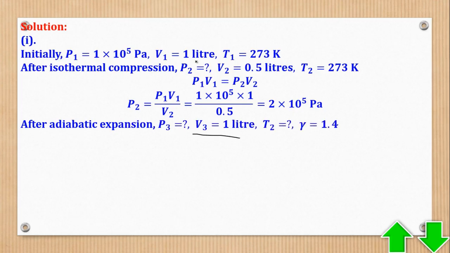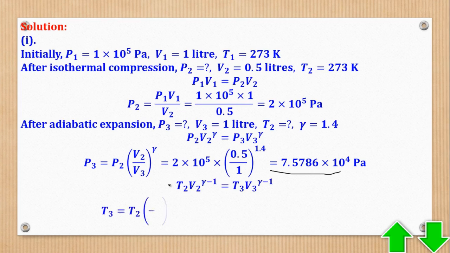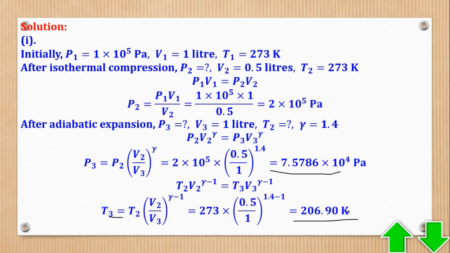V is known because it went back to 1 liter. T is not known, the gamma is known. So if I use P and V, I'll come up with the value of P3 as that. Then if I use T and V, I'll come up with the value of T3 as this. And that's what they wanted: final pressure and final temperature.